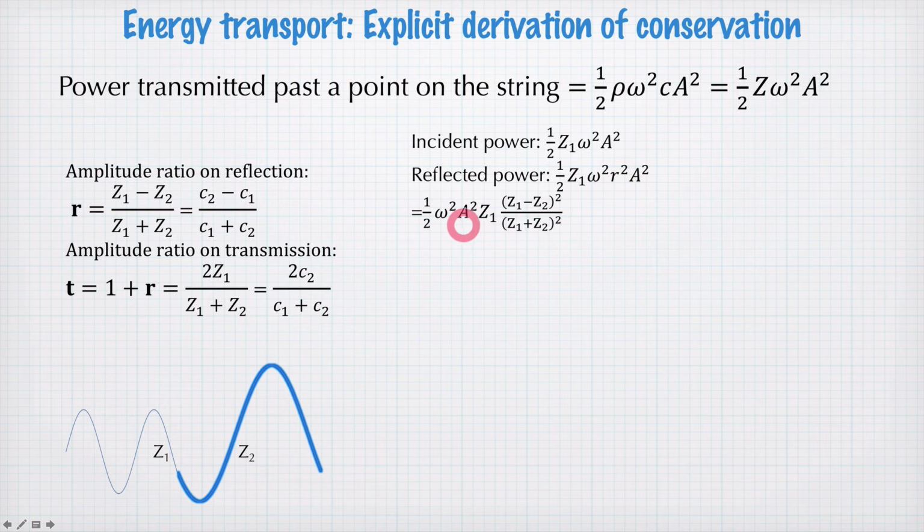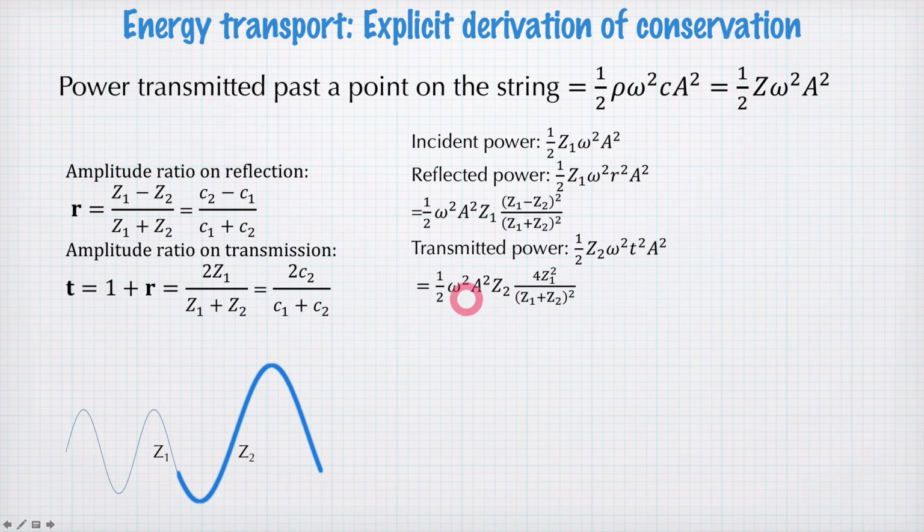And we can expand that to this using this equation for r. Similarly, for the transmitted power, we have a half Z2 omega squared times t squared a squared. Z2 now, because the transmitted wave is in a different material with impedance Z2. We can expand that out to this using the value for t.